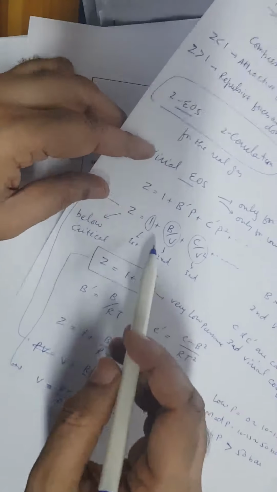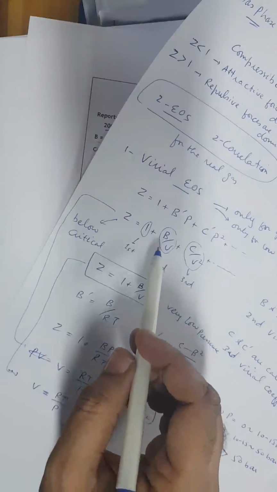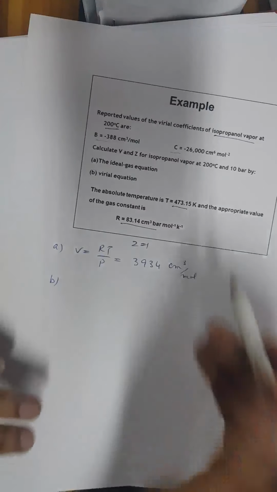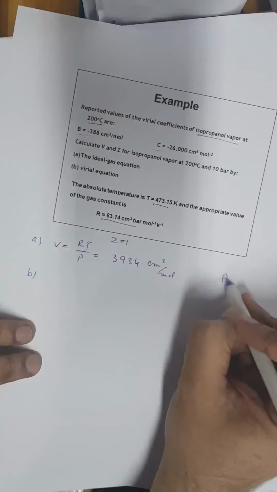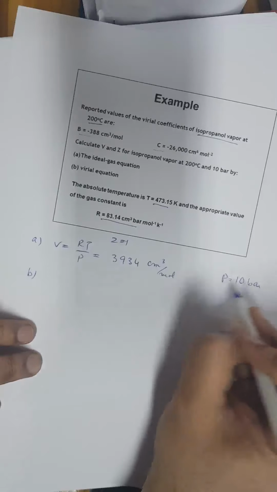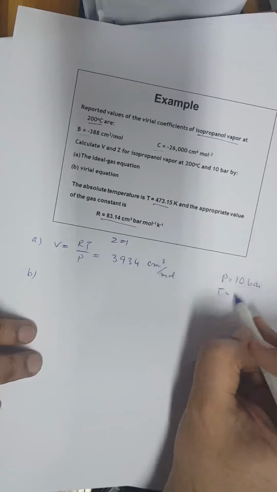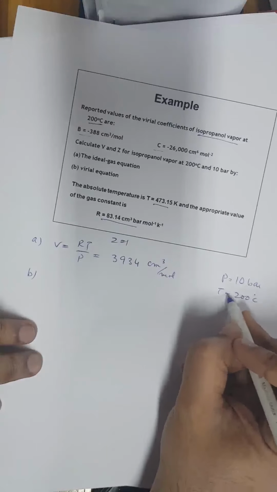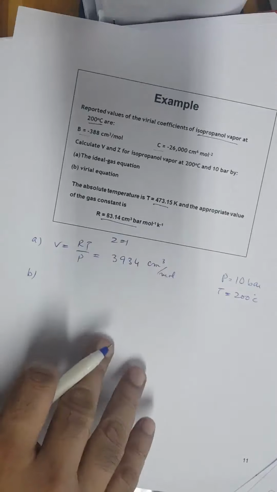What we can do is use this equation, because the pressure is given as 10 bar, and the temperature is given as 200 Celsius, which we have to convert into Kelvin. R is already given, so we can plug in the values.